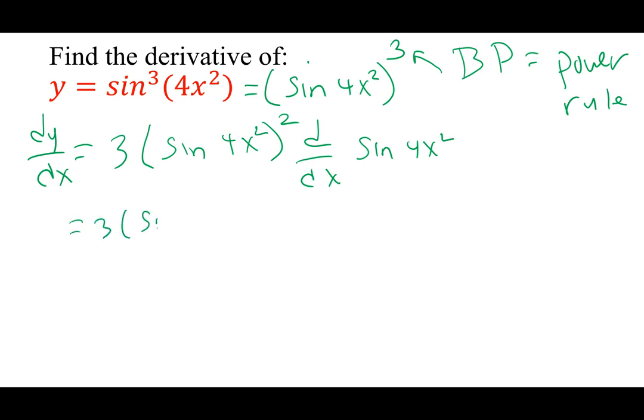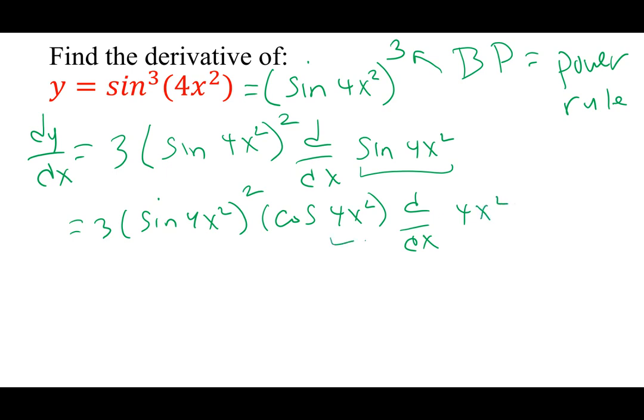So 3 times the sine of 4x squared, and then you're going to take the derivative. The derivative of the sine of something is the positive cosine of the same something, but now you're going to have to take the derivative of the new inside.